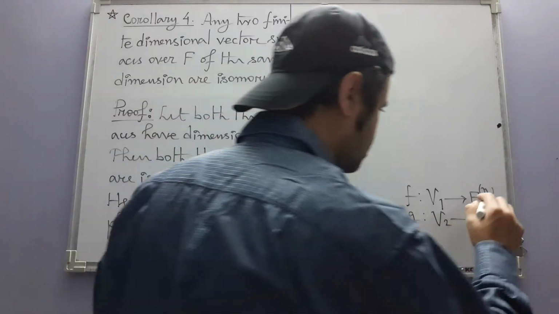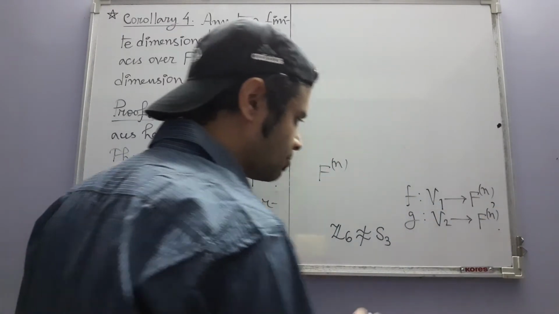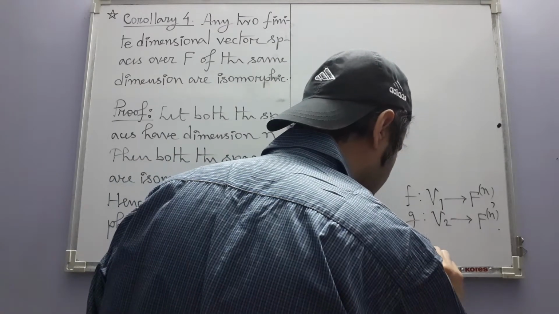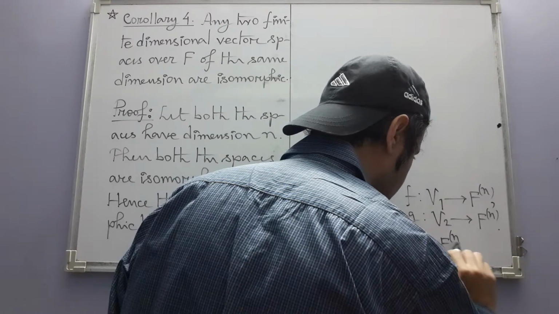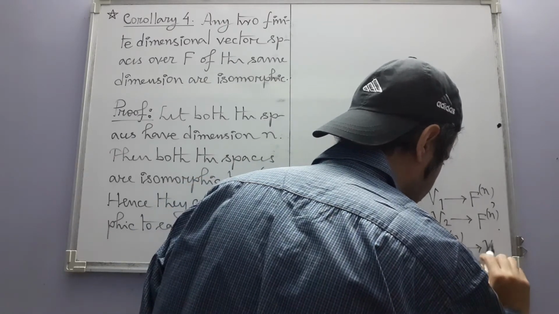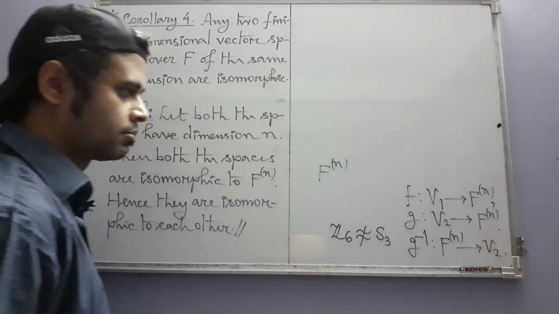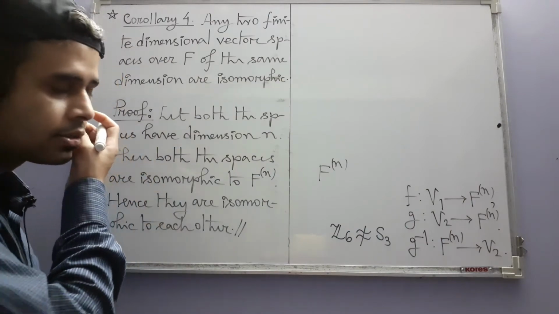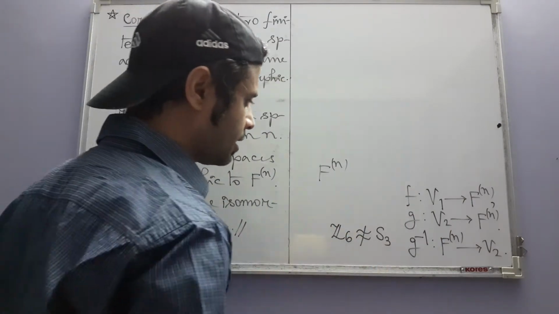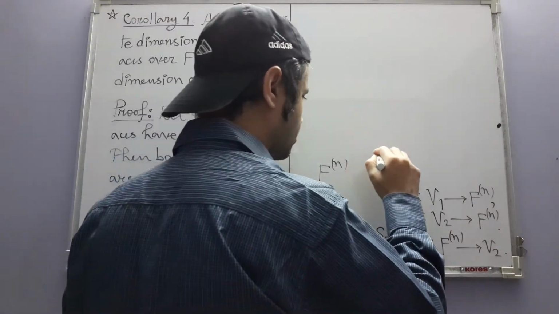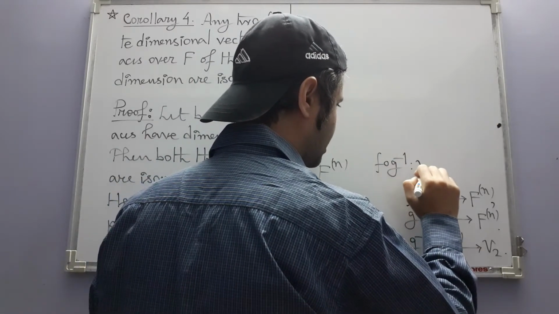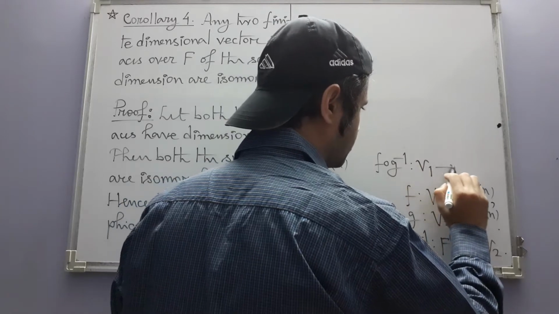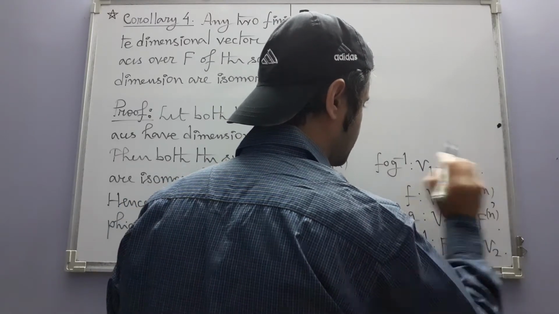Then because G is an isomorphism, its inverse exists and is an isomorphism between Fn and V2. So we can now take the composition of F and G inverse. That will give us an isomorphism between V1 and V2.